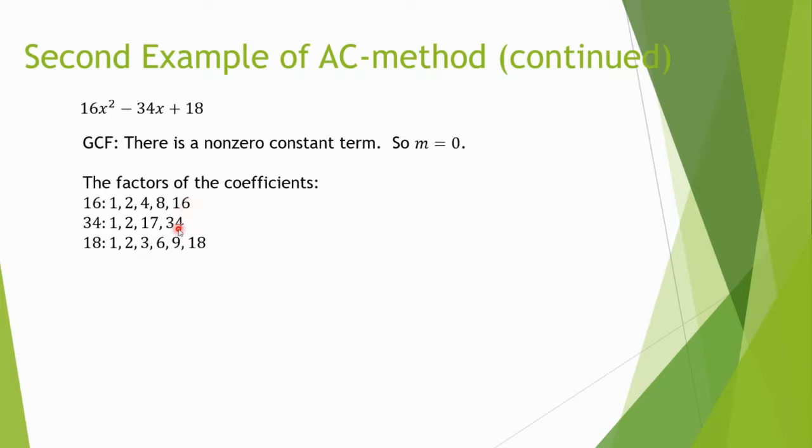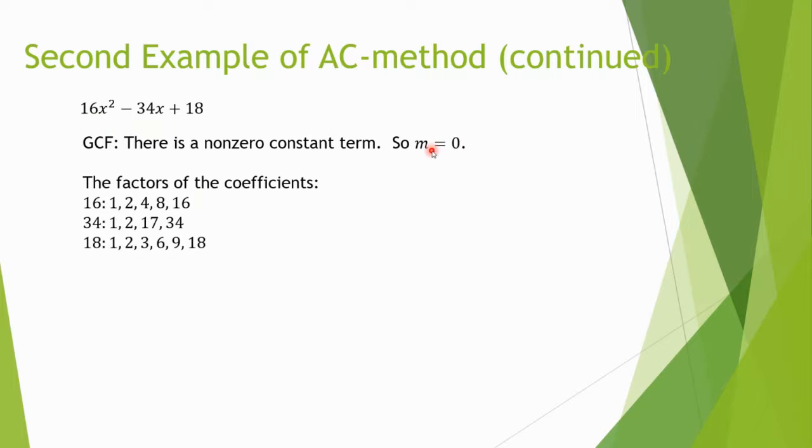So looking at these 3, and you might have been able to tell without listing the factors, but that's okay if you needed to list them, as I did. Hopefully you can see that the greatest common factor of the numbers here is just 2.